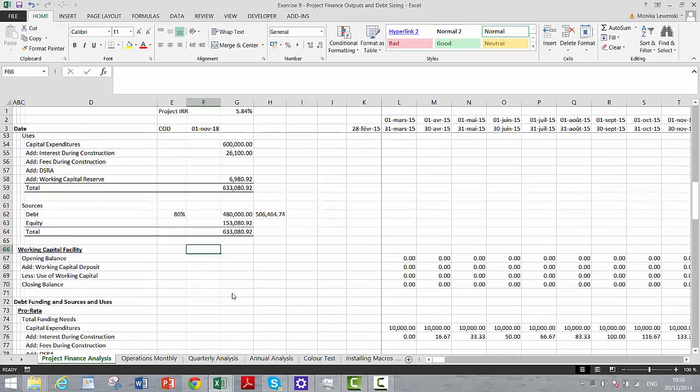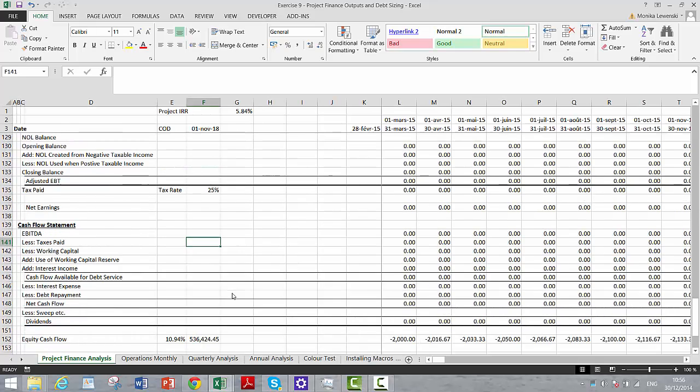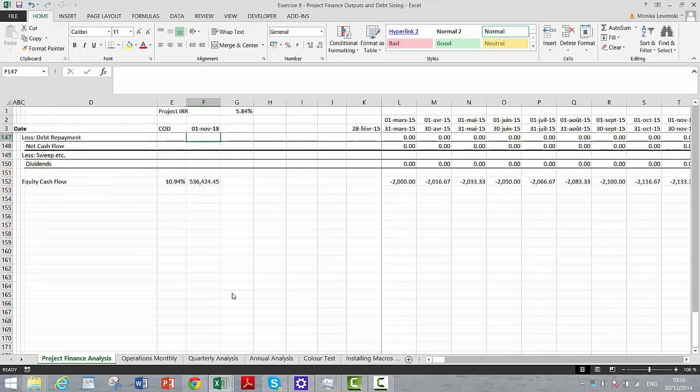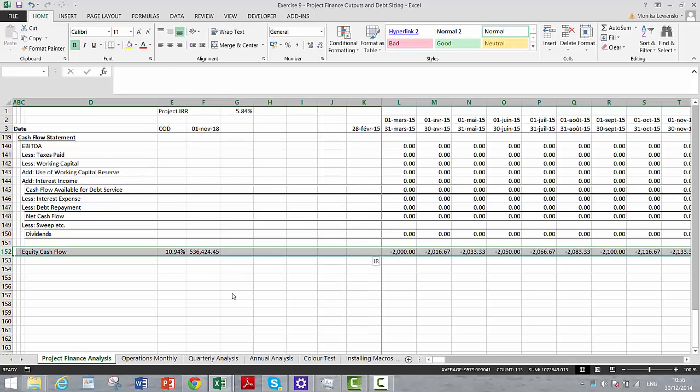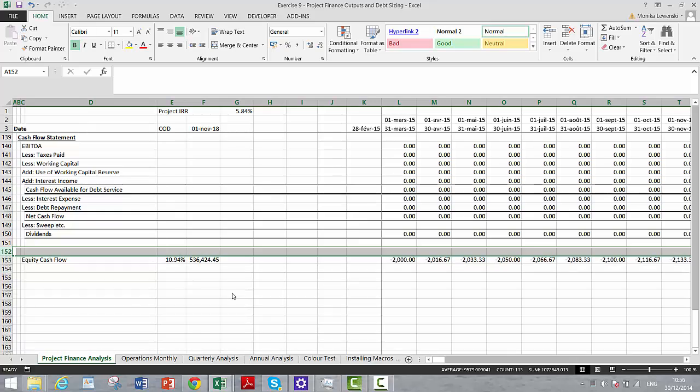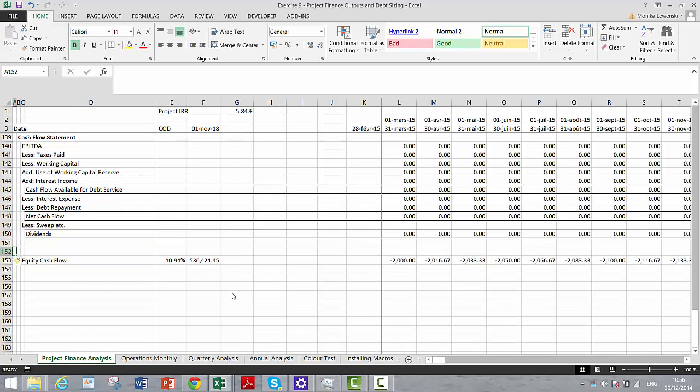The first thing we can do, however, is compute a couple of outputs from the model. The outputs all essentially come from the cash flow statement, given the idea that project finance is really all about cash flow, not about earnings, not about PE ratios, not about return on invested capital.